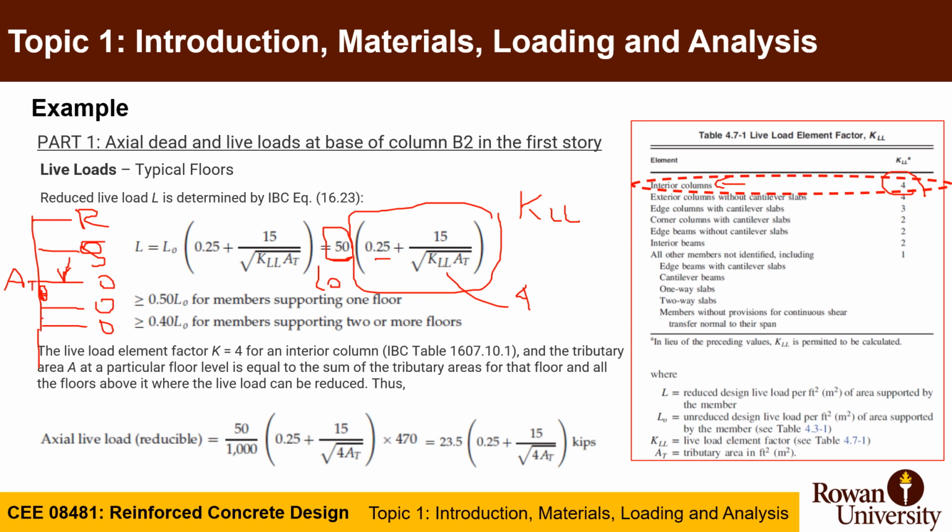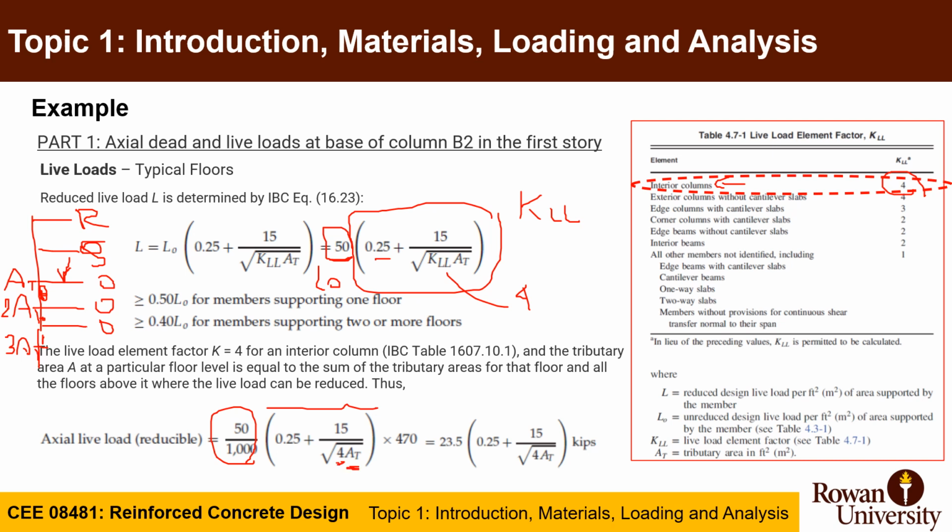This column is carrying two reduced offices, so it's 2AT. And the last one is carrying three offices reduced, so it's going to be 3AT. So if you want to make the general equation, 50 over 1,000 will be the load L0. The reduction factor is 0.25 plus 15 over square root of 4, which is KLL, times AT.